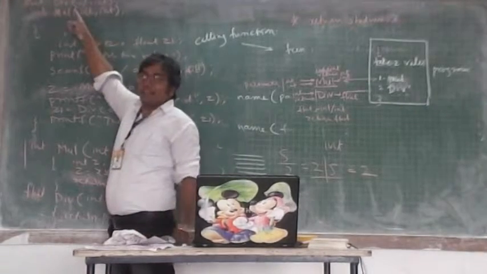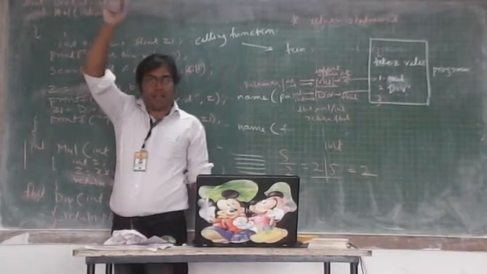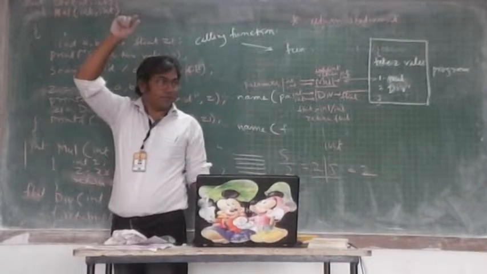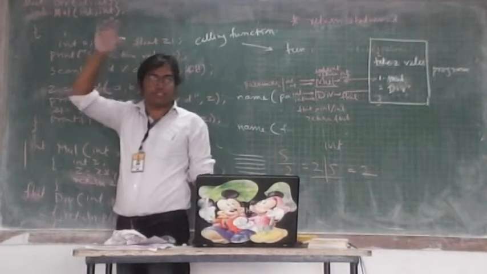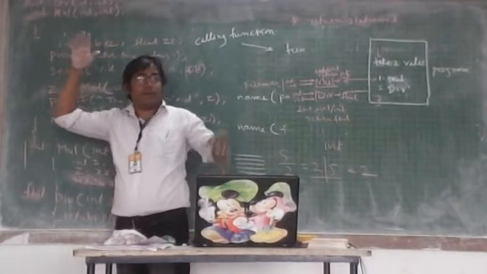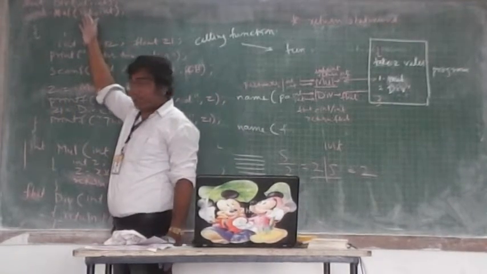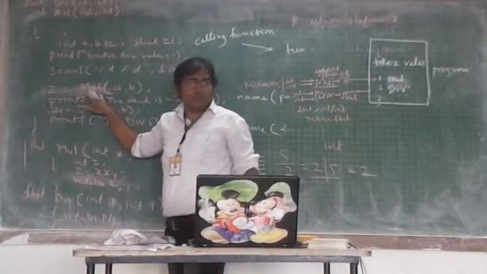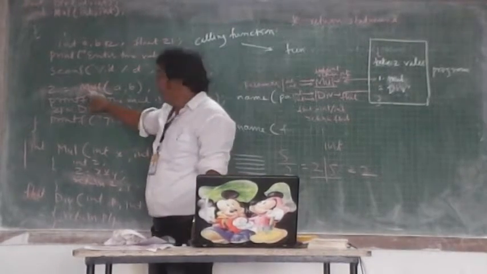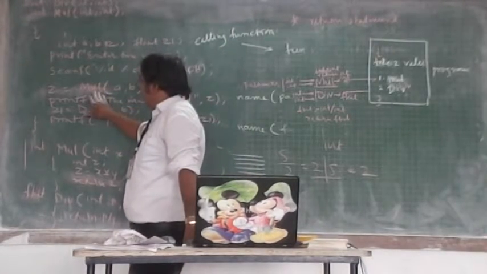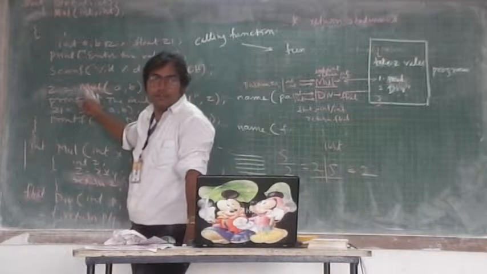Because it is declared there. It is said clearly: I am declaring this function which takes this much input parameter and returns this way. So everything I told you previously, the compiler has no difficulty to understand this.